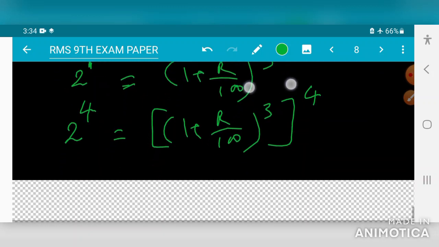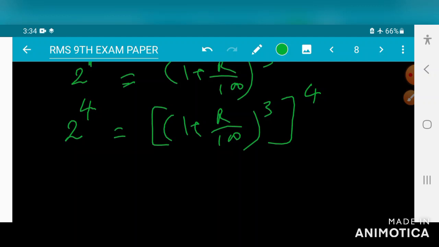Now see what happened. 2 to the power of 4 means 16, and here we know the identity, a to the power of m whole power n, so we can write a to the power of m into n.